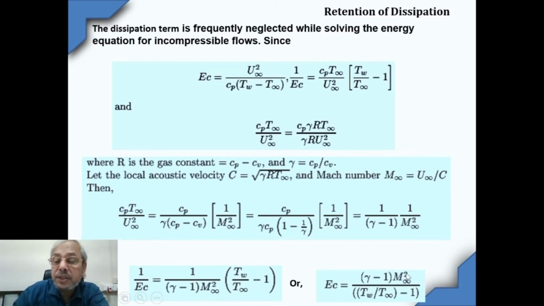if Mach number is 0.3 and gamma is 1.3, it is 0.3 cube.